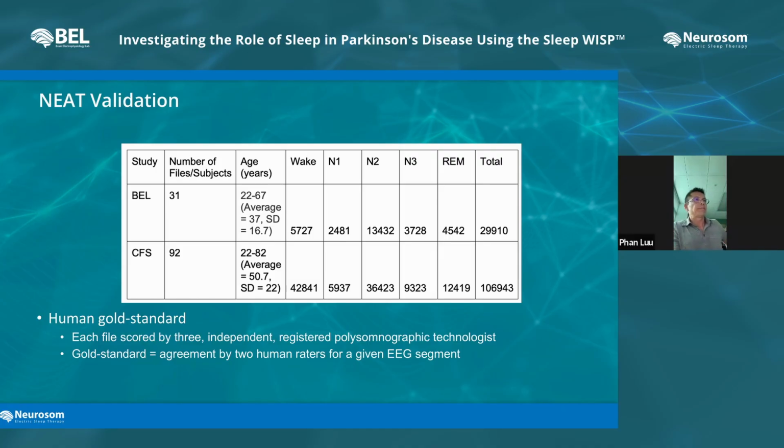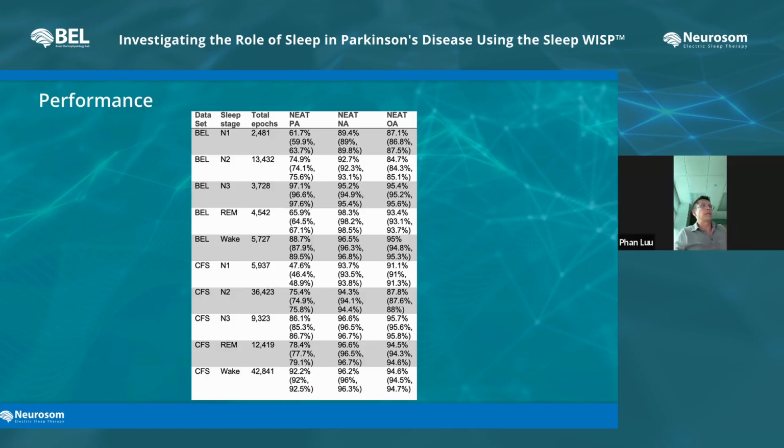Next slide, please. Here we're showing the positive agreement, negative agreement, and overall agreement against the gold standard. Looking at the column of NEAT overall agreement, you can see that the percent agreement is quite high, ranging from 84 into the mid 90s.